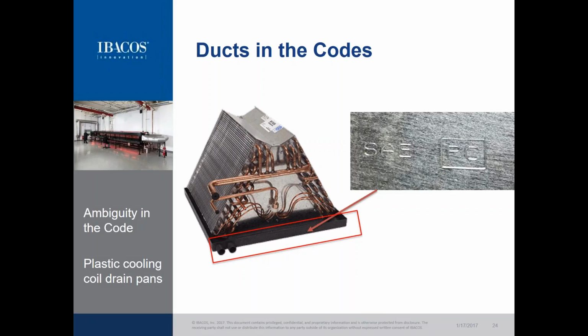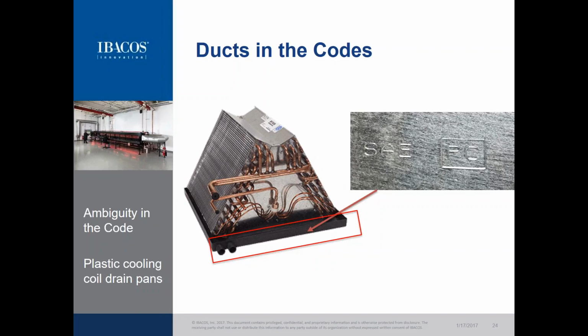One other item to bring up here: when you look at components inside duct systems that are currently being installed today, what you find is there already are components that are plastic, and the rating or classification of those components is uncertain. Here we have a drain pan underneath a cooling coil inside a furnace.